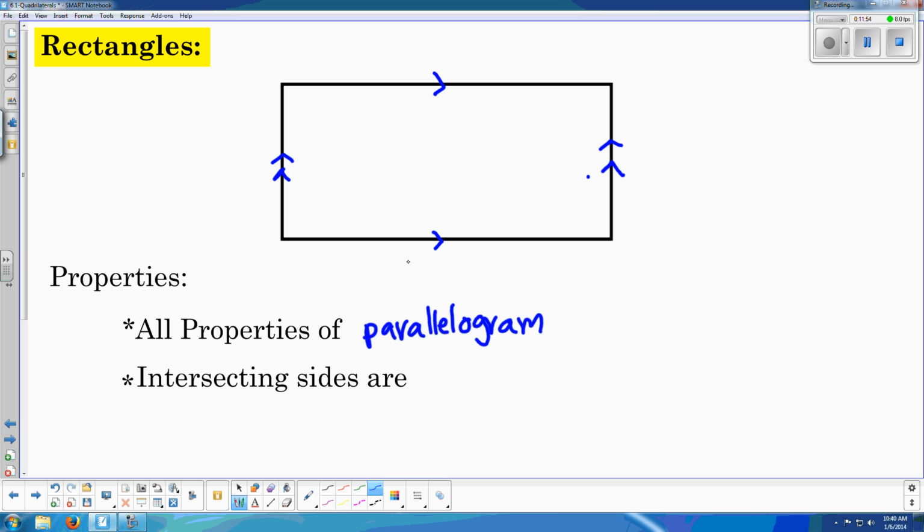Now, we also know that the intersecting sides are perpendicular. So that means that the intersecting sides intersect at right angles. And we mark right angles with our little box. So we have right angle, right angle, right angle, right angle.